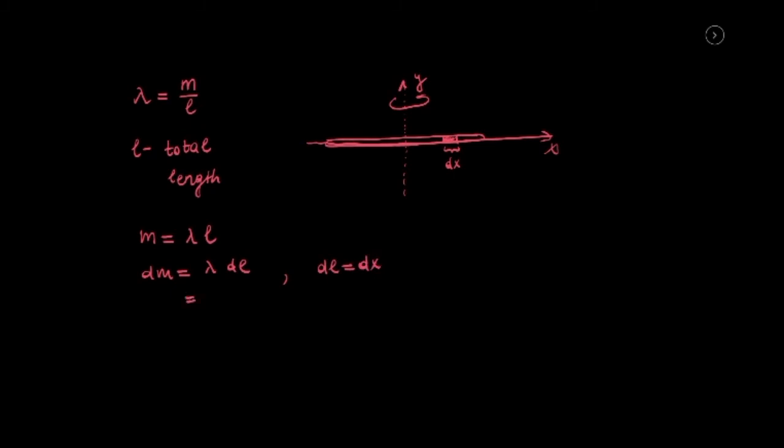So I can rewrite it as lambda dx. And the distance from this dm element to the rotational axis is x.